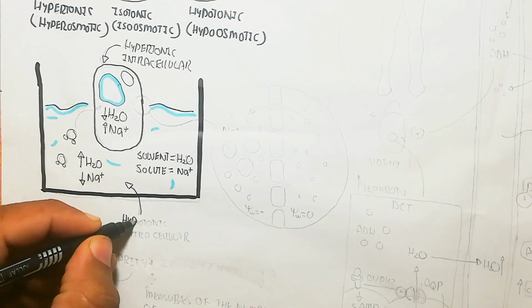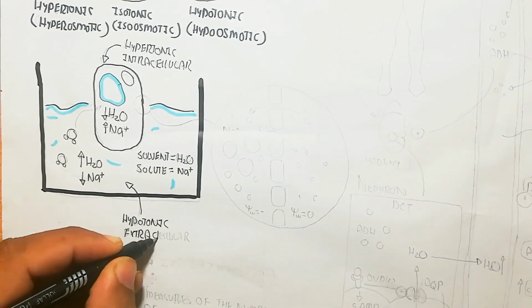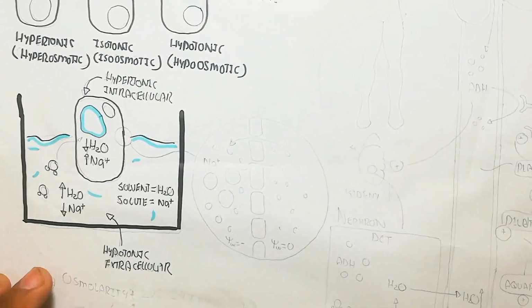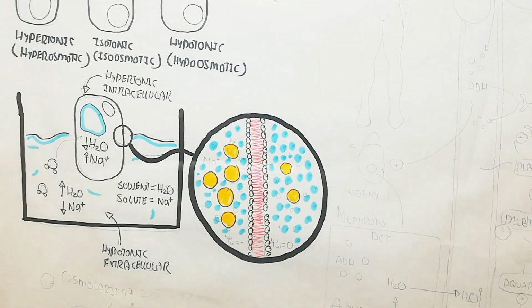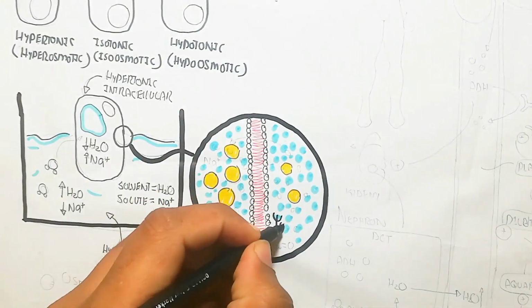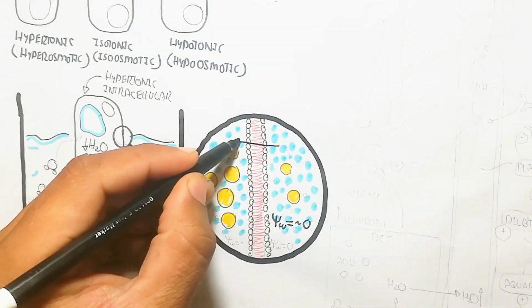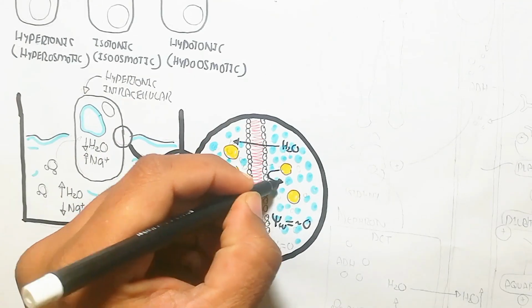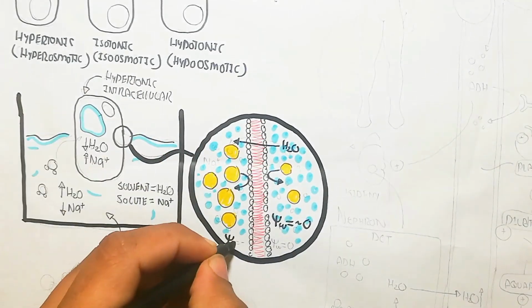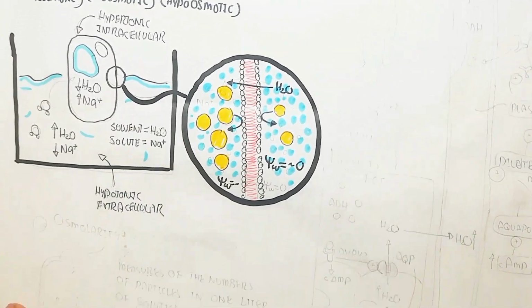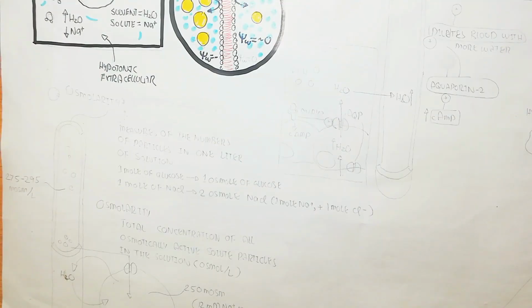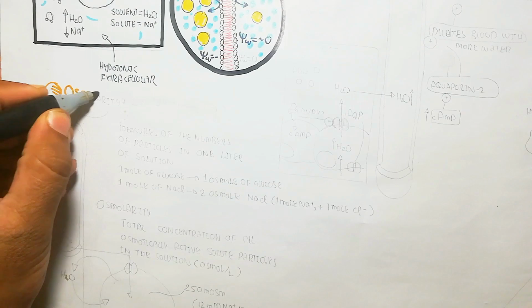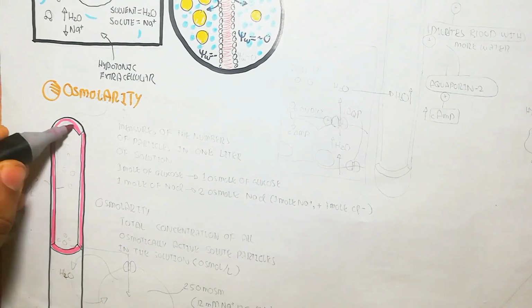The outer environment is the opposite, so the water will move inside rather than the sodium, because sodium will not move outside because of the semi-permeability. The sodium molecule is bigger, so it will not pass through a semi-permeable membrane. So the water potential will be more in the outer environment, and water will move into the cell. In this way the cell will absorb the water rather than excrete the salt, not like diffusion.